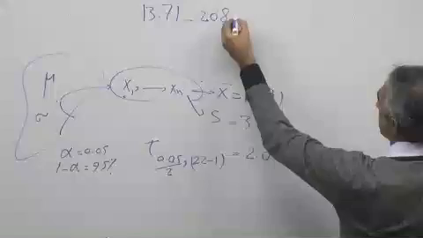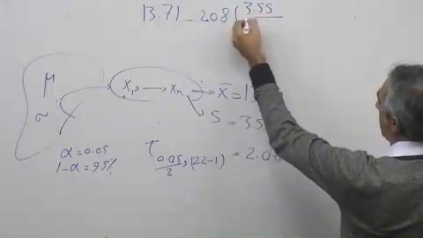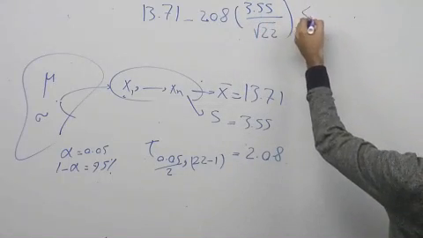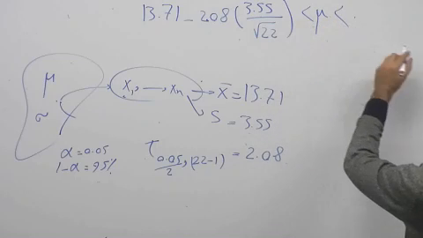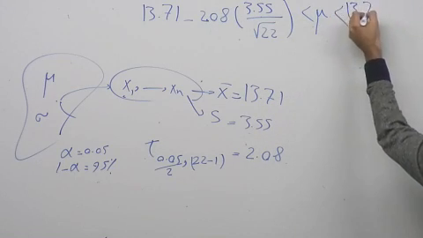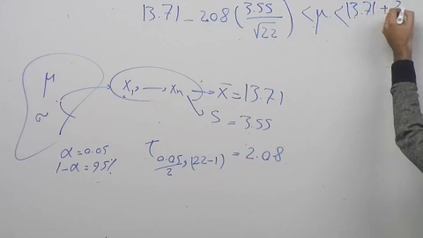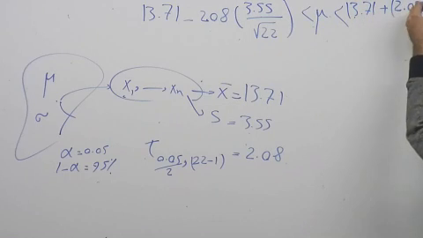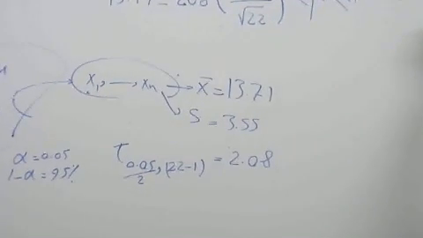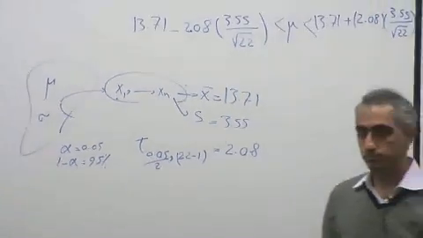If I go back to the equation, S is 3.55 divided by the square root of 22. This is for the lower bound, and the upper bound is the same thing with a positive sign. Okay?